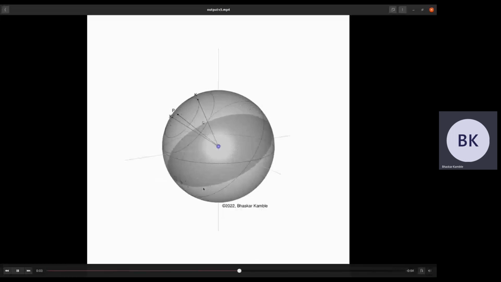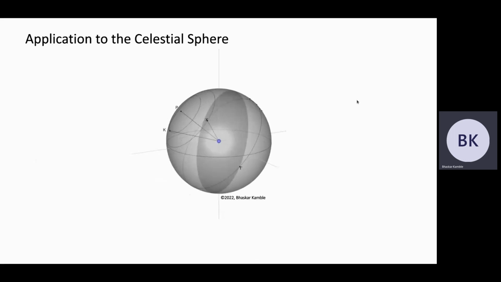Then this here is the constellation Orion. This K is the ecliptic pole, which rotates along this circle. This X is the arbitrary object rotating about its diurnal circle. Okay, so this would be as much as regarding the celestial sphere.